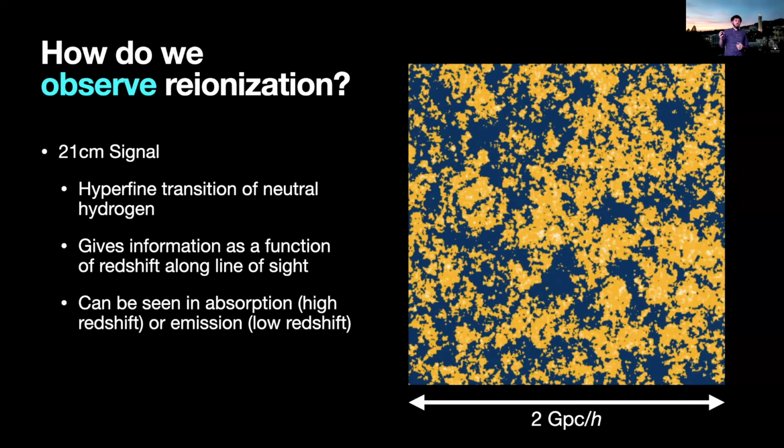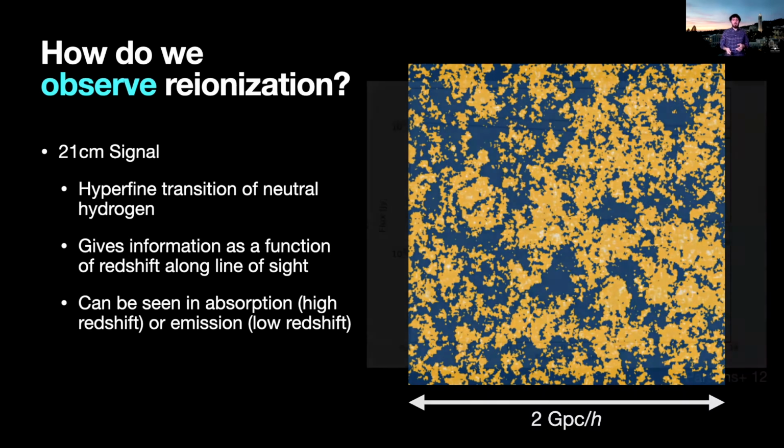The yellow regions show signal that comes from the neutral gas. So you have these pockets, this bubble structure that you see. And something to keep in mind is that it can either be seen in absorption, which we think happens at early redshifts near cosmic dawn, or in emission, which I've shown here during reionization.